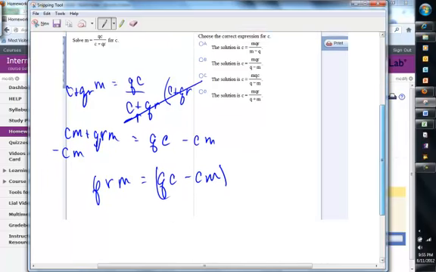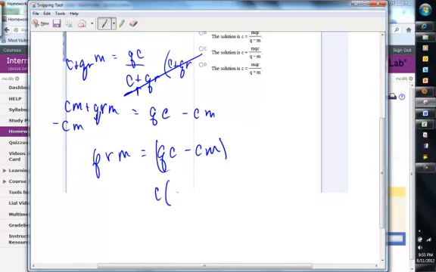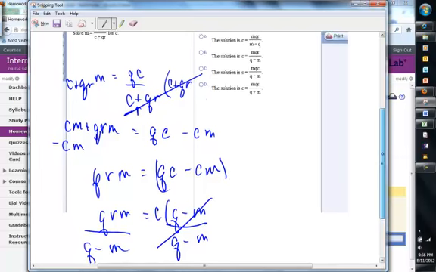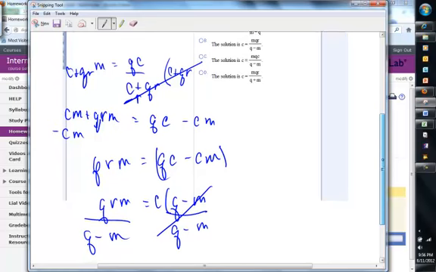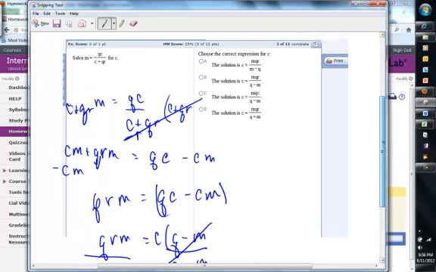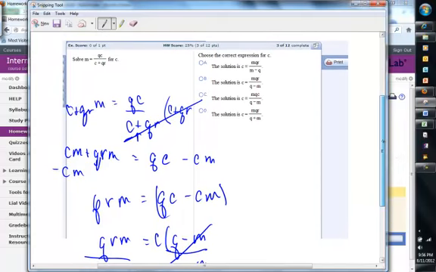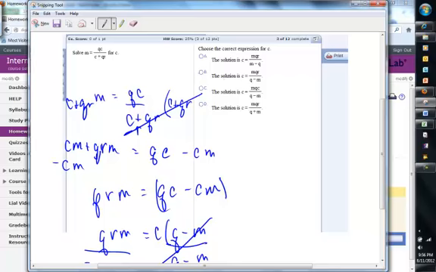Now we can group this together and take out the C. We have Q minus M equals QRM. Now divide both sides by Q minus M. And you have C equals QRM over Q minus M. There we go. Letter B.